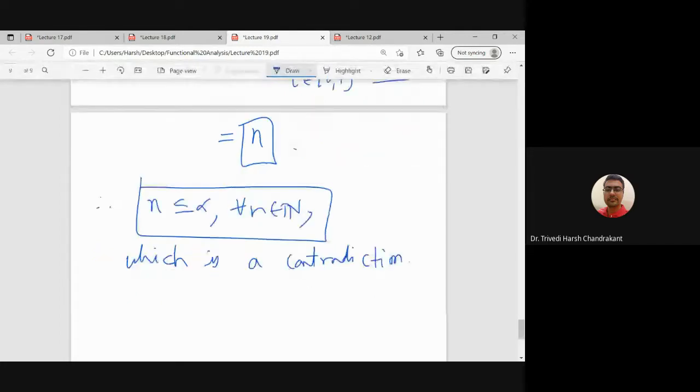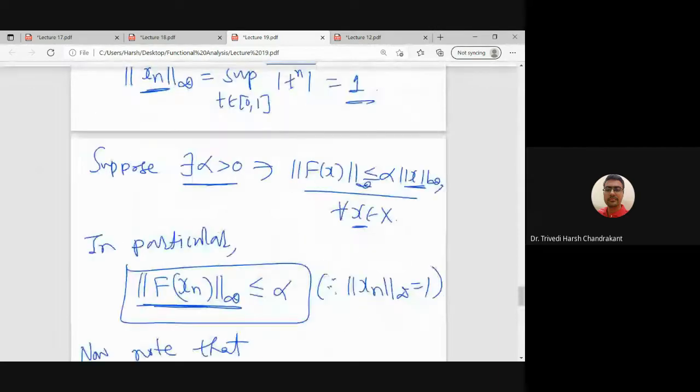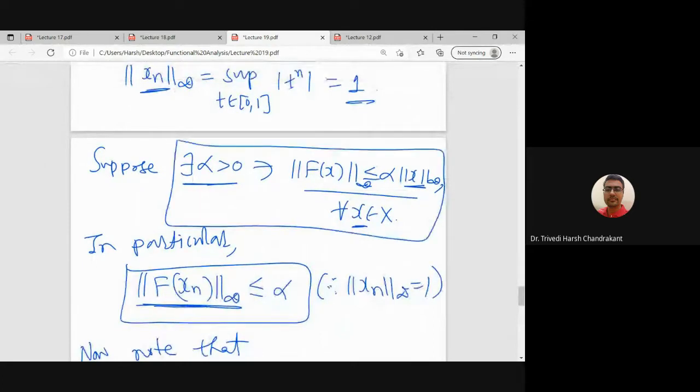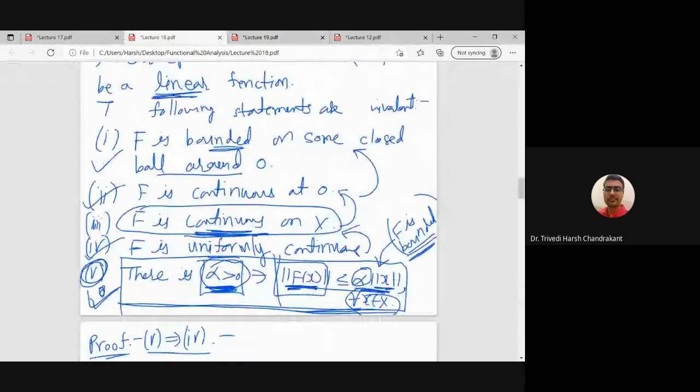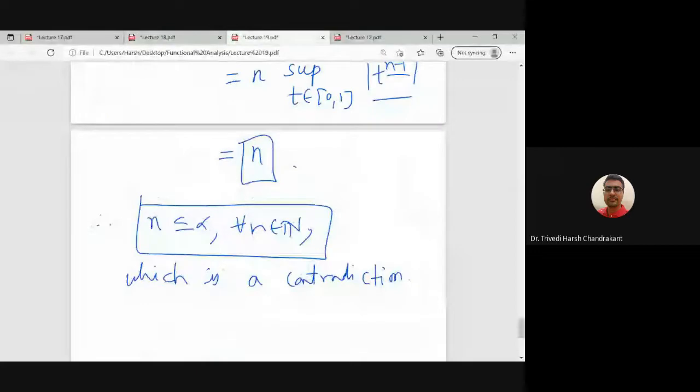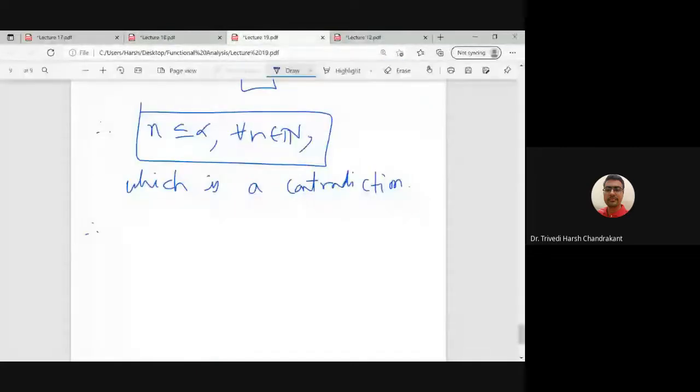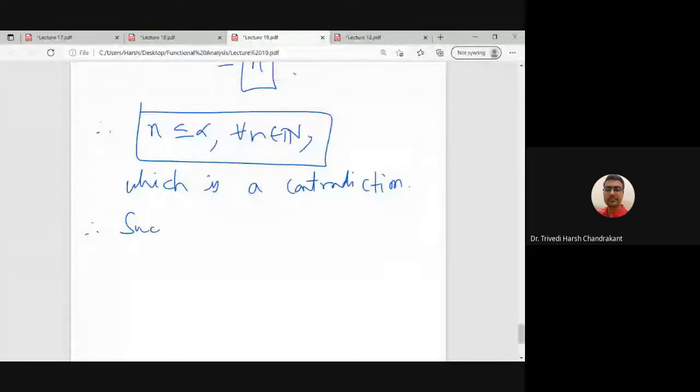So this contradiction is arising because of the assumption that there exists alpha. So that means there does not exist alpha satisfying this property, right? So that means the fifth condition fails, and if the fifth condition fails, that means f is not continuous. Which is a contradiction. Therefore, such alpha greater than 0 does not exist.